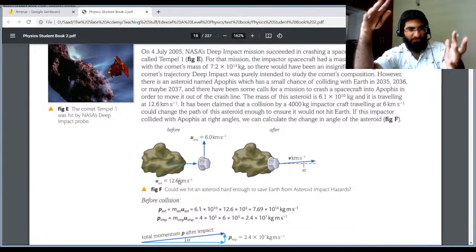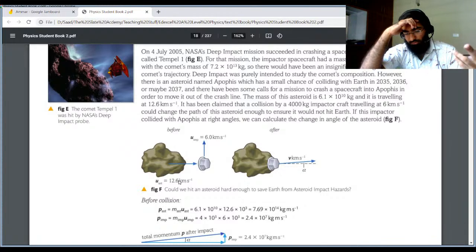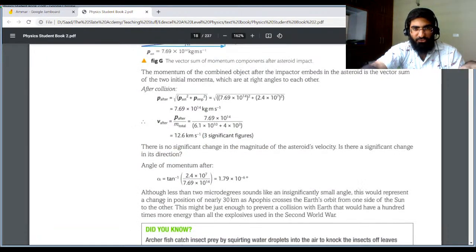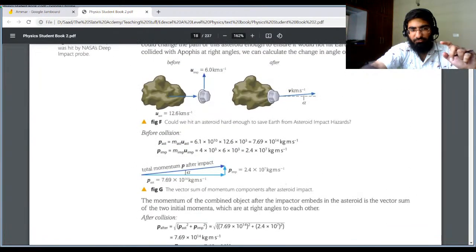So for that they've given the data and the calculation. So read it. If you want me to help you solve it, we'll solve it together. Otherwise, just read its calculation, and then we'll solve the checkpoint at the end of the chapter together. I'll just read it.